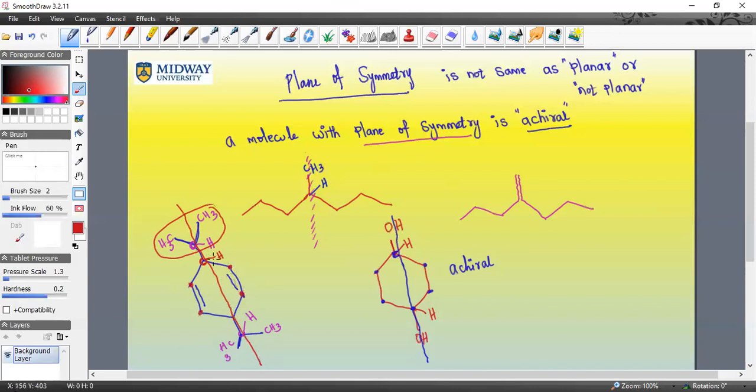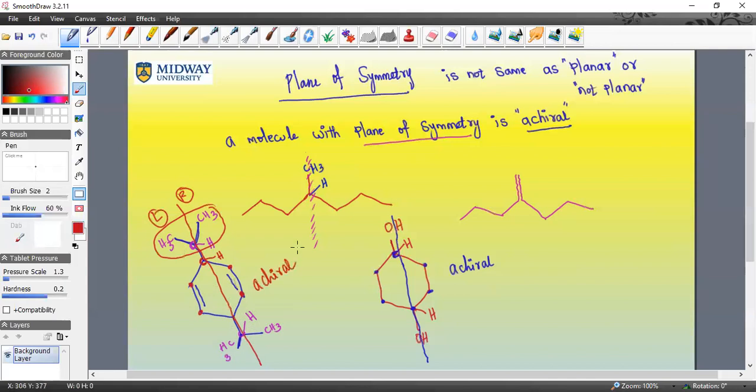Which makes sense because we've already said that this carbon is not chiral, so is this. And if we can prove whether this carbon is chiral or not through the plane of symmetry, which we find it's exactly the same everywhere, inch by inch, whatever's on the left side is the same as the right side. Okay, so this is again achiral.